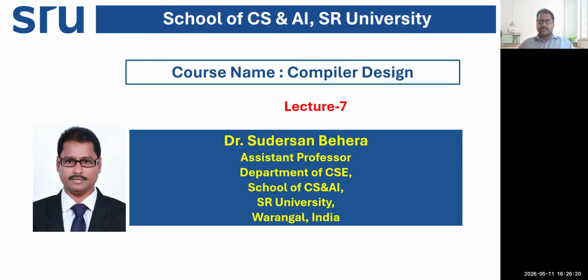As we discussed yesterday, derivation is the process of generating a string from the start symbol of the grammar by subsequent replacement or substitution. So that is called derivation.